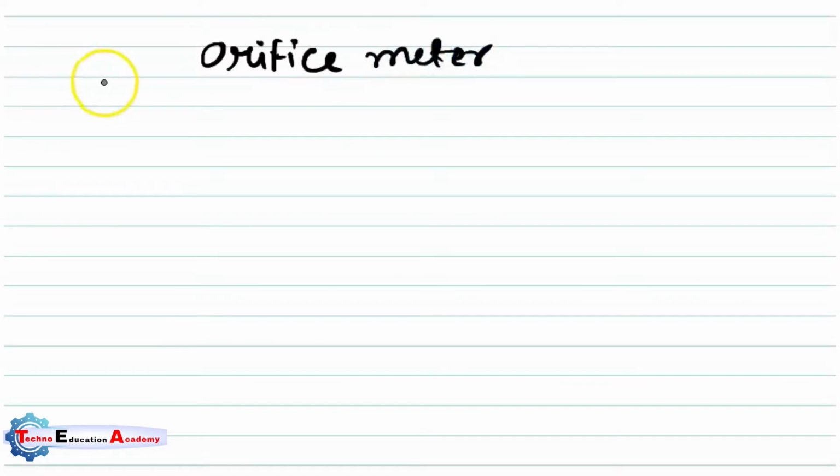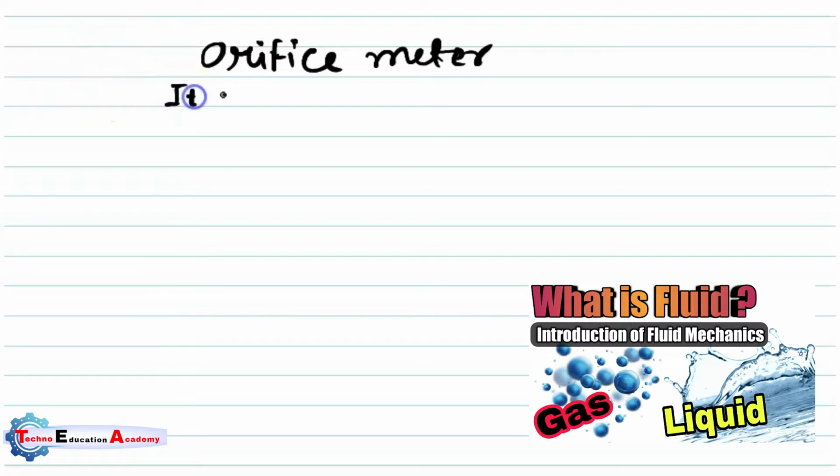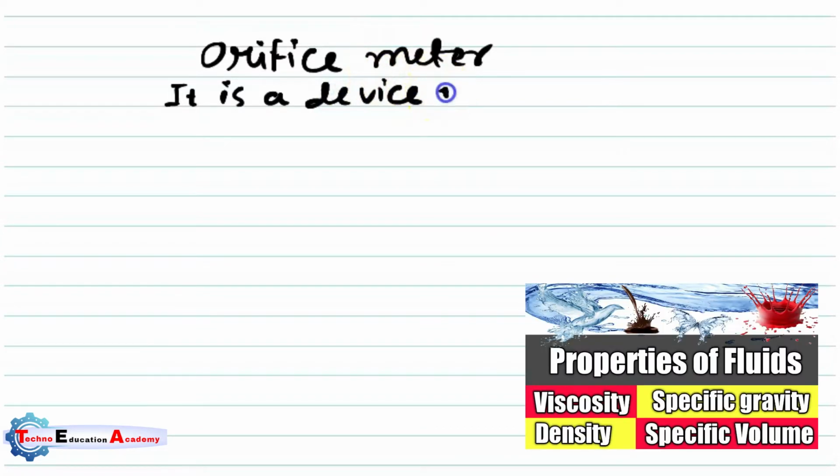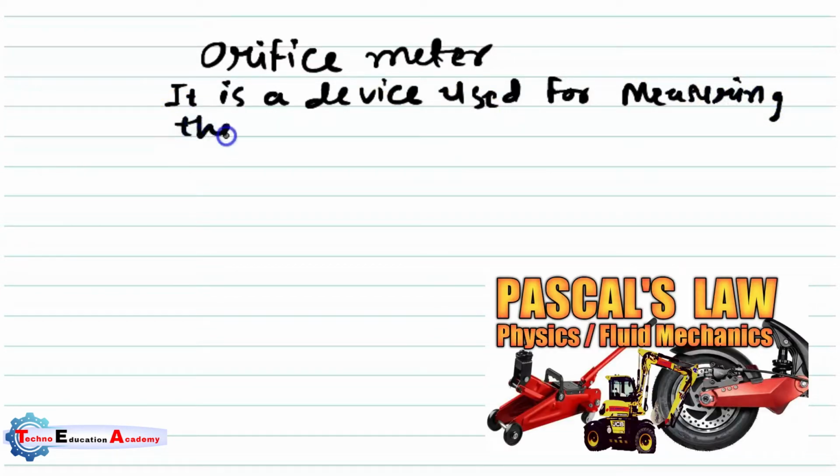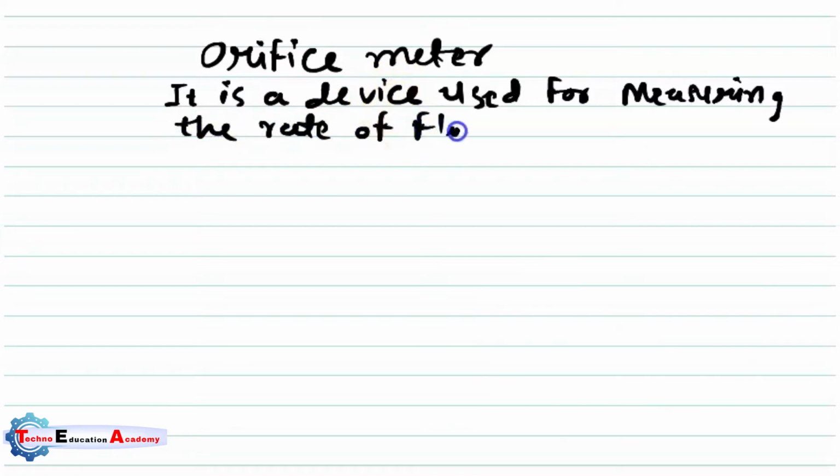First of all, what do you mean by orifice meter? It is a device used for measuring the rate of flow through a pipe.